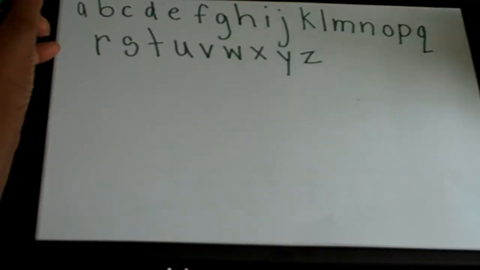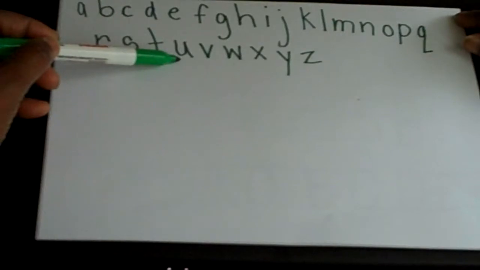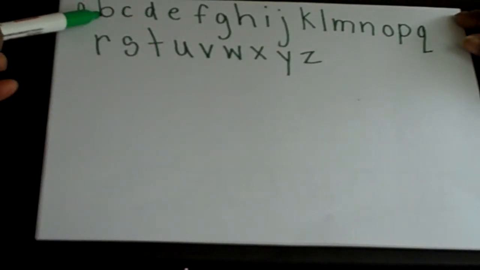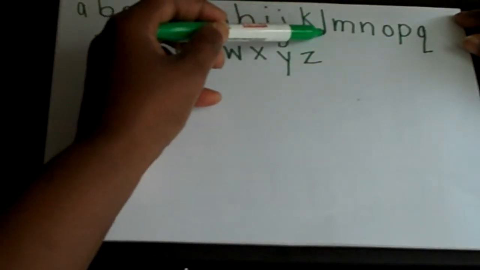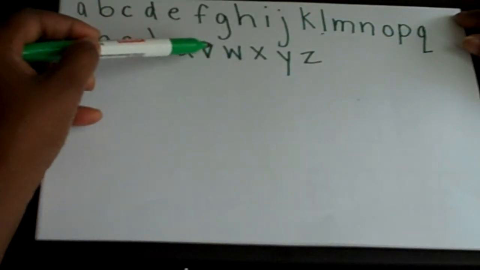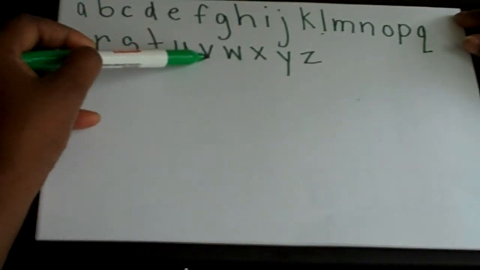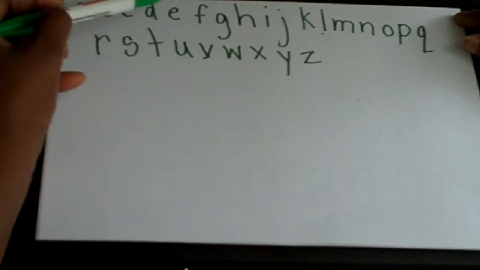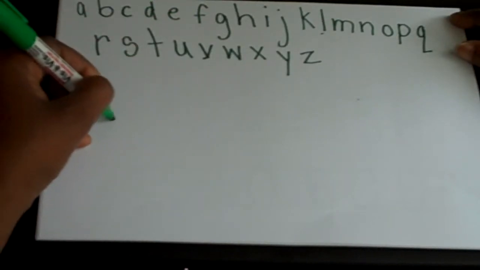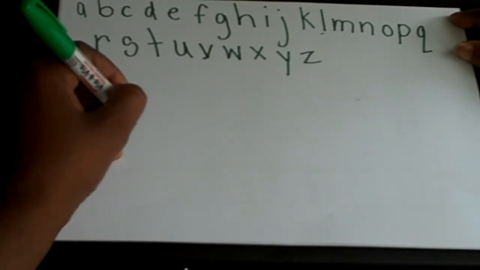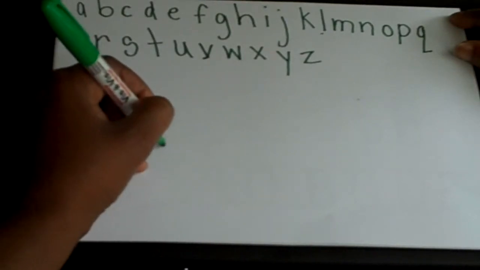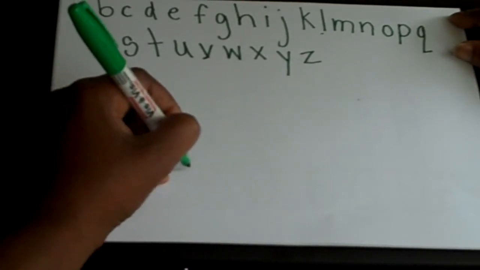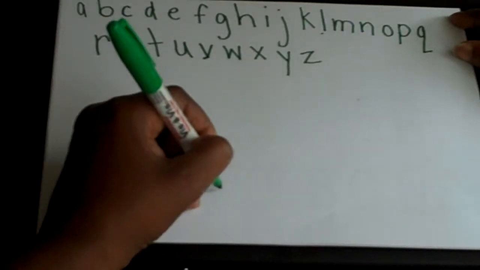Anyway, so on unbelievable, you say un, b, li, v, bull.